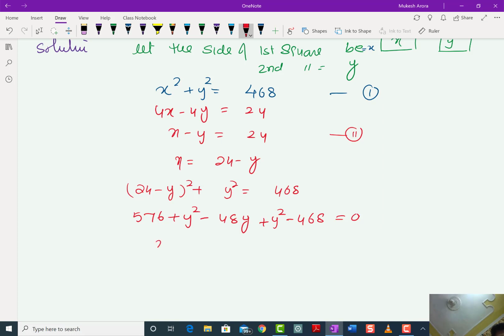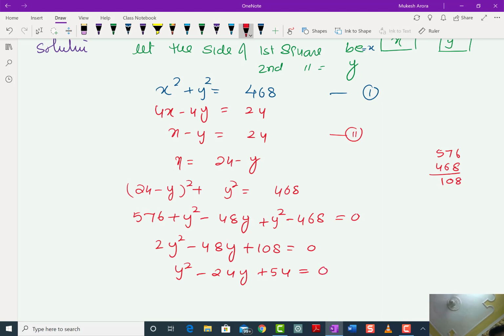So it will be 2y square minus 48y plus 576 minus 468, that is 108, is equal to 0. Divided by 2, y square minus 24y plus 54 is equal to 0.